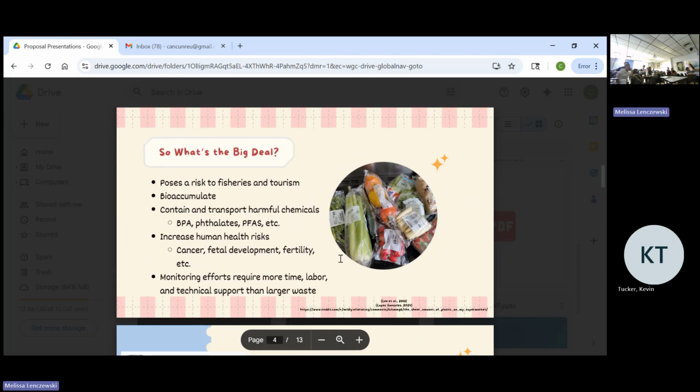So what's the big deal about this? Why does it matter that it's not going away and it's sticking around? It poses a risk to our fisheries and tourism. For those of you who don't know, fisheries are a really big part of our worldwide economy. And it's a really complicated system that has a lot of international trade related to it. So if our fisheries start to decline, there's a lot of other things that are going to be affected by this, including international relationships.